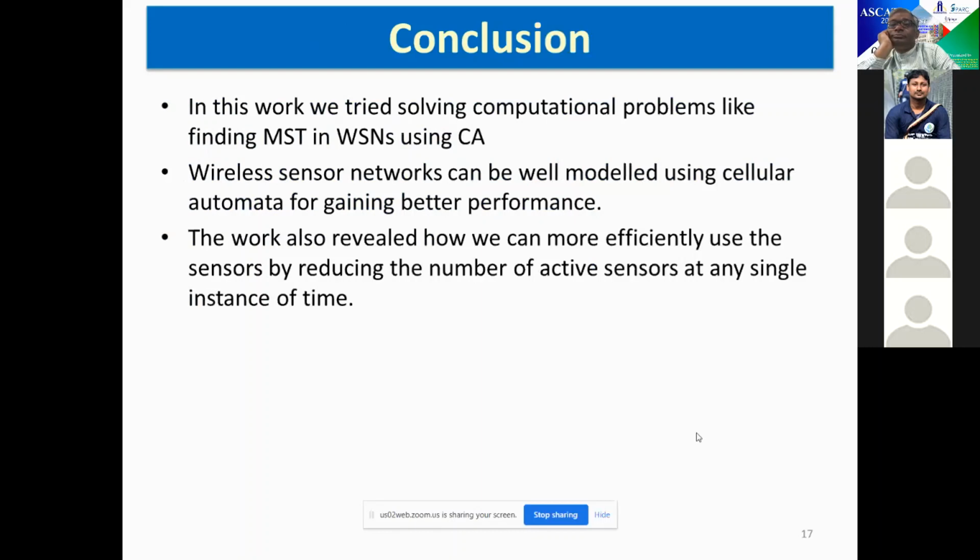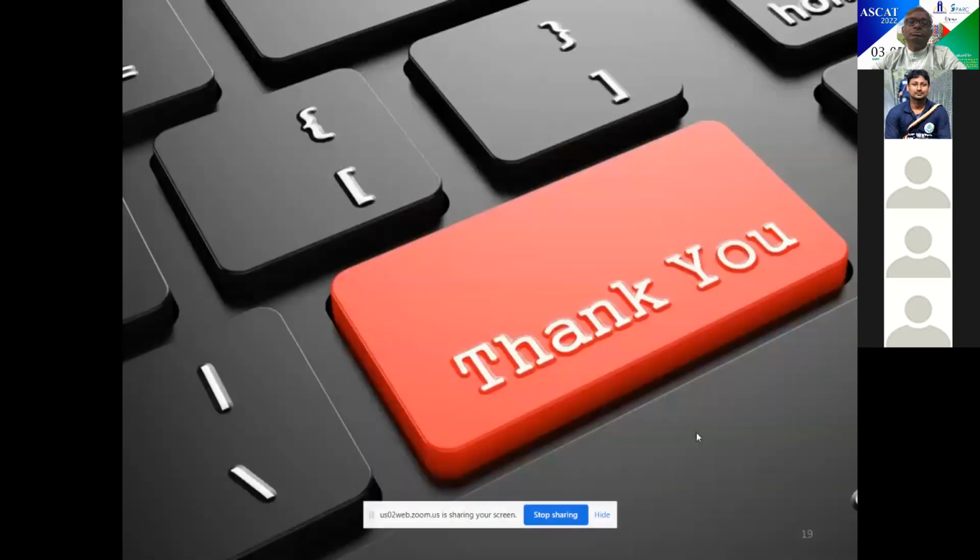If we can solve these kinds of computational problems, we might be able to solve more and more problems which are also useful for the wireless sensor network, because it suits the basic limitations of the wireless sensor and also the basic design of cellular automata. So thanks a lot for giving me this opportunity, and that's it from my side. If you have any queries, I'll be happy to answer.